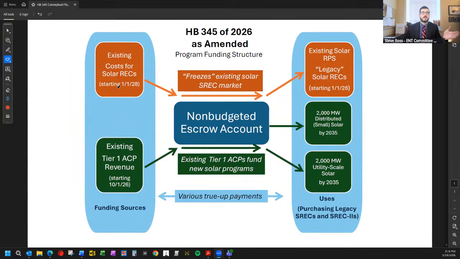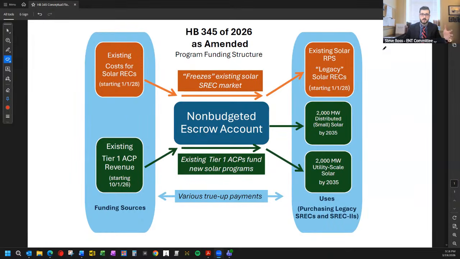So you can see money for the existing solar renewable energy credits, which right now comes through the supply portion of your bill. That's where you as a customer are paying it. That will be funneled into this escrow account and be used to hold harmless the existing solar RPS.